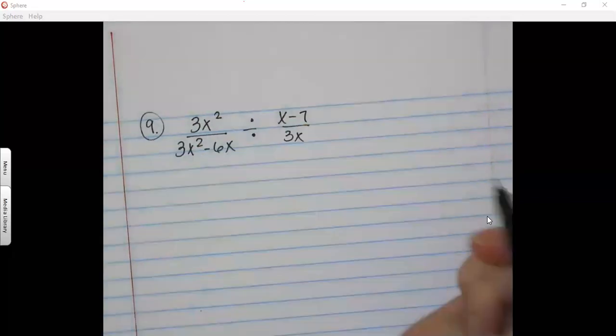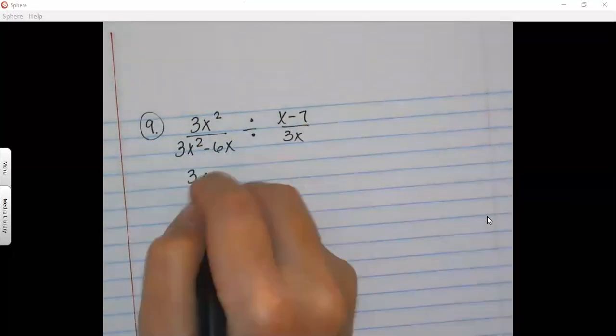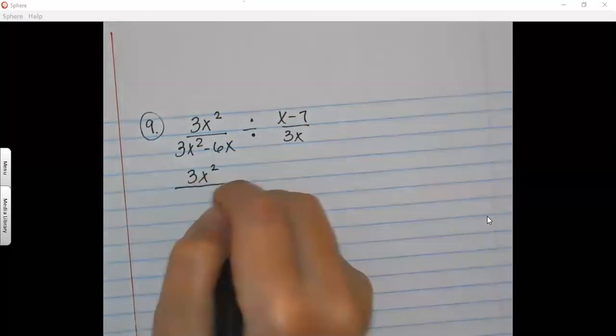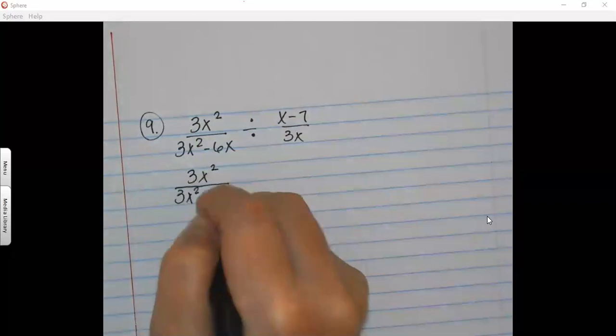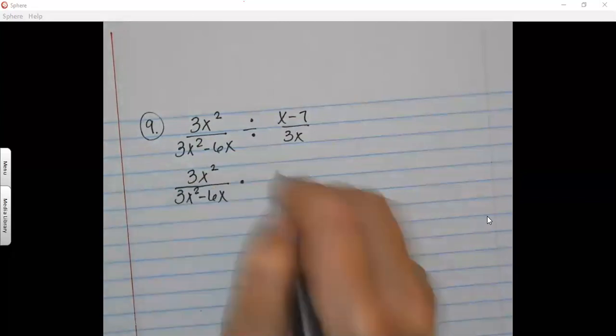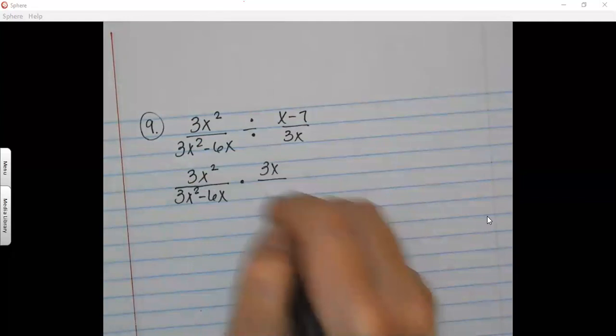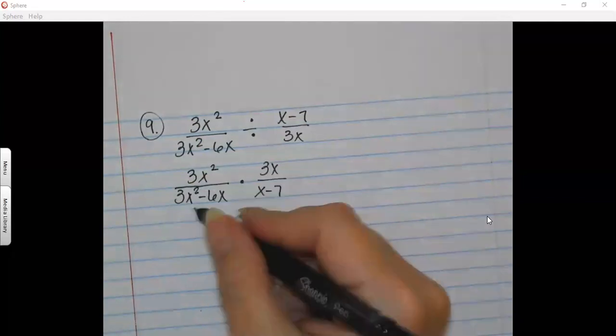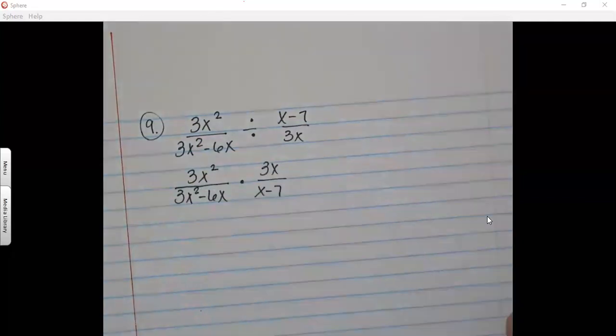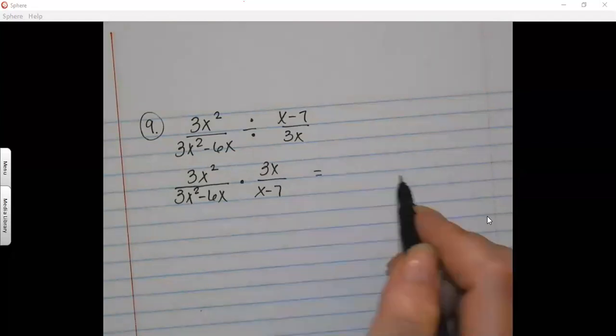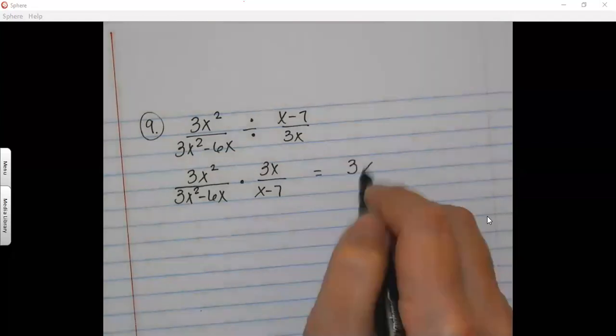Could I cancel these 3x squareds in the first fraction right away if I wanted to? No, because 3x squared minus 6x, that's a binomial, right? All or nothing. 3x squared is a monomial, we can't do that. Okay, so my numerator, those are monomials, so I'm just going to multiply those together. We don't factor the monomials. That should be 9x cubed, right?